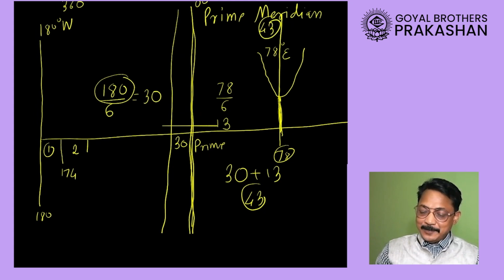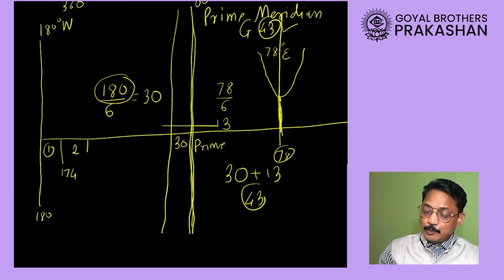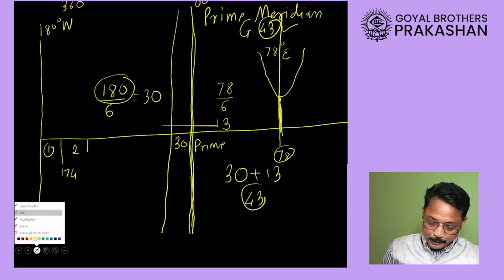Sometime back we saw how the G has originated, and now we saw how 43 has originated. So this longitude and latitude group, dear students, which is given for this area of India, is G43.